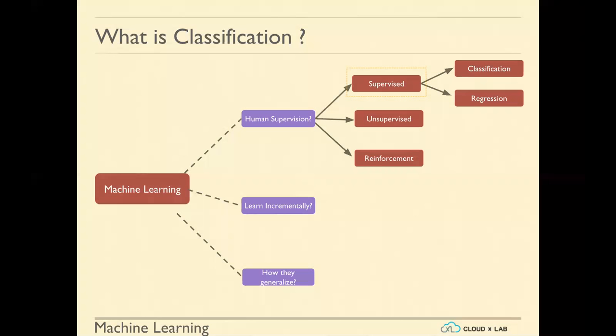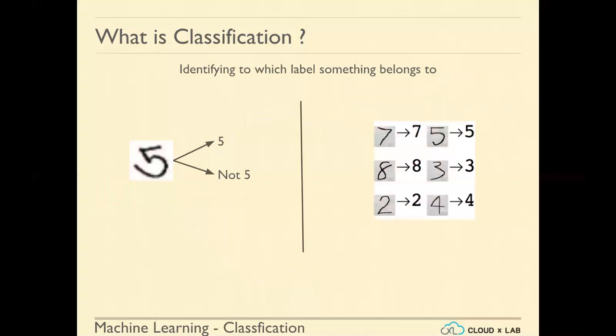Is it true or false, or is it A, B, or C? That's classification. If we have to give the answer in terms of what will be the value of this if these are the input parameters, in those cases it's regression, and classification is basically identifying to which label something belongs.